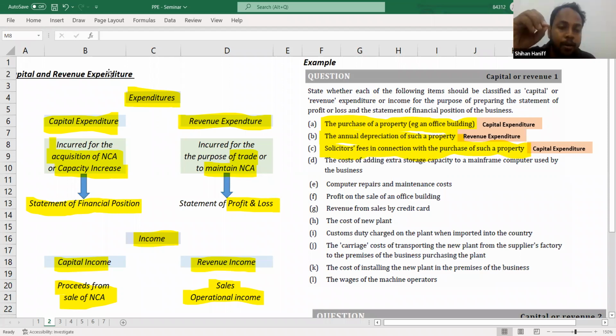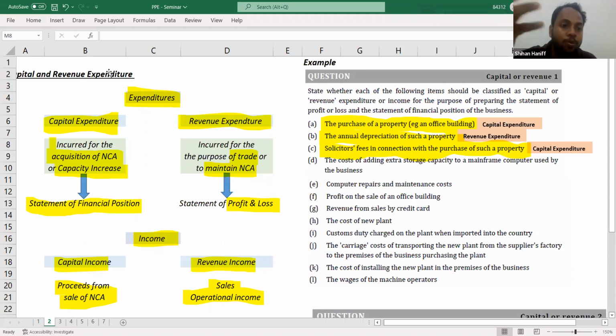Then you will have to pay transport cost from China to Colombo, to Sri Lanka, the transportation. And there will be insurance, legal charges, any other costs, taxes, customs duty. So all these costs will be capital expenditure, right?